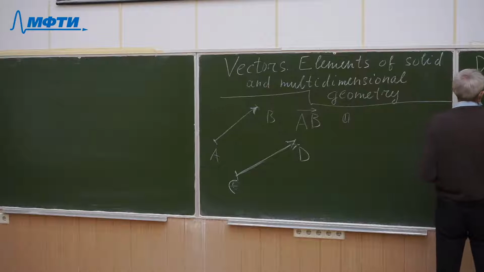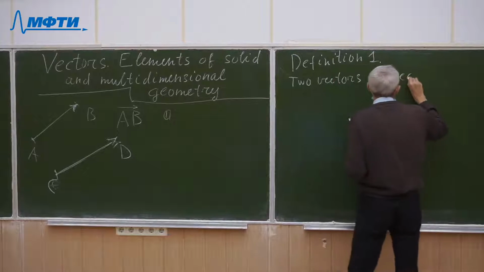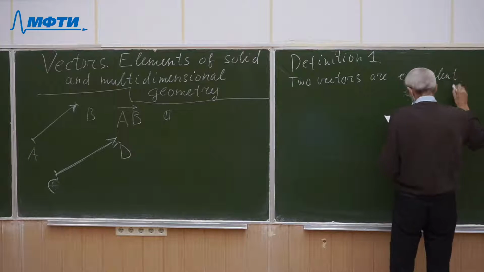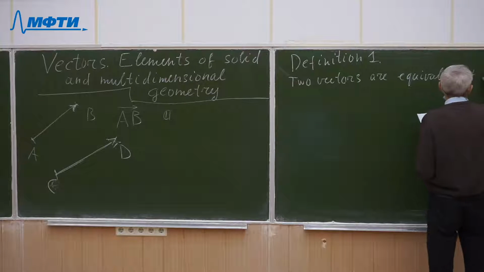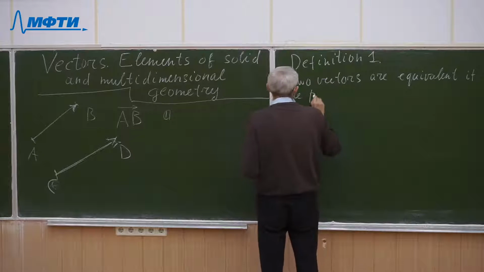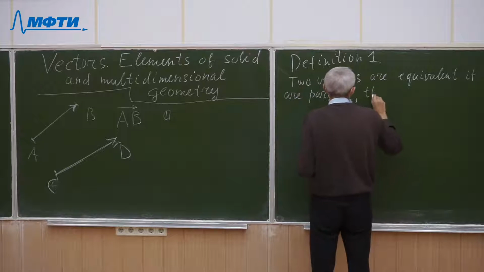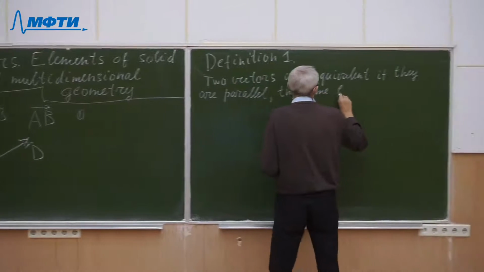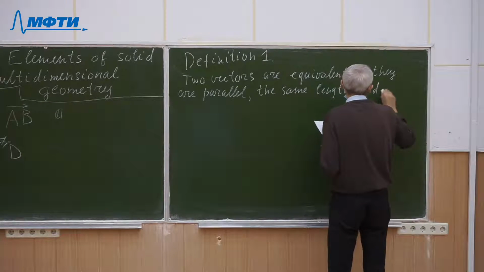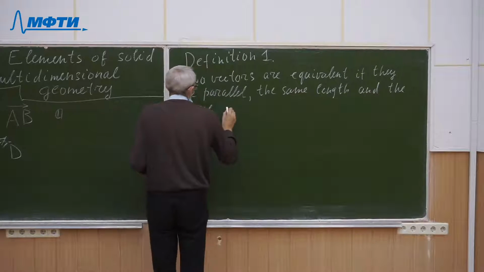Two vectors are equivalent if they are parallel, have the same length, and the same orientation.